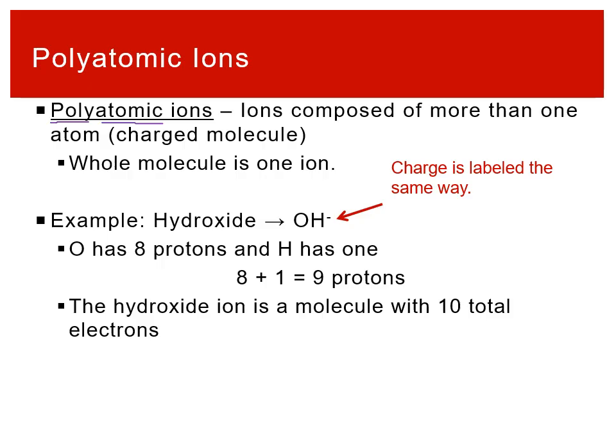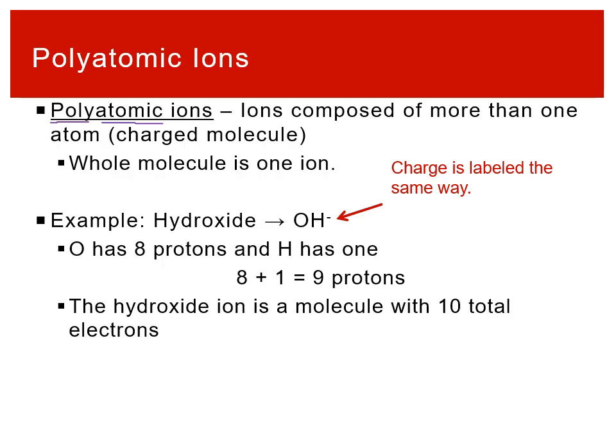We are now going to look at ions that are made of more than one atom. Okay, so these are ions composed of more than one atom. They are polyatomic. Functionally, more than one atom combined together is a molecule. So polyatomic ions are molecules that are charged. So there are multiple atoms that come together into a molecule, and that is charged.